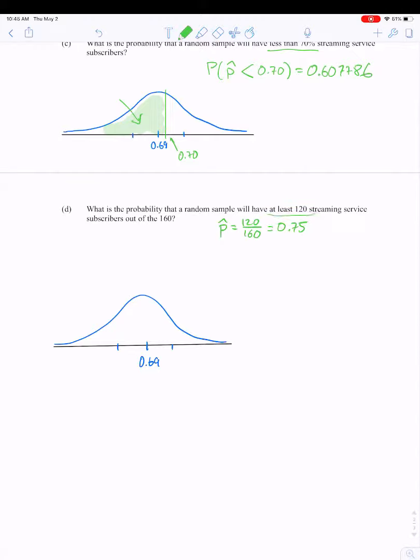We want at least 120, which means we want at least 75%. So the probability that the sample proportion is greater than 0.75, well, 0.75 is over here someplace. I don't know exactly where, but being greater than means I'm shading the right side. We're going to find that area right there.